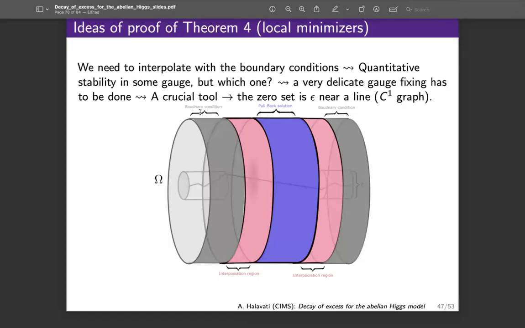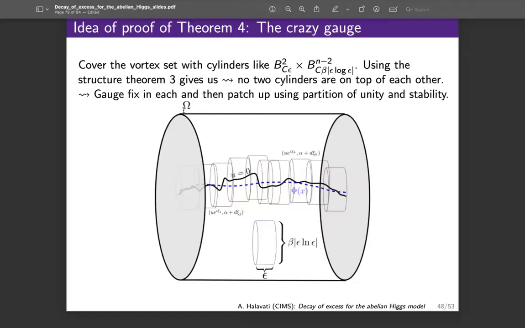So think about this purple region, the interpolation region, and blow it up. So you have your zero set, you have your barycenter, then cover it with very thin cylinders. That's epsilon width, epsilon ln epsilon height times beta. So the first thing that this epsilon diffuse regularity gives you is that none of these cylinders are on top of each other.